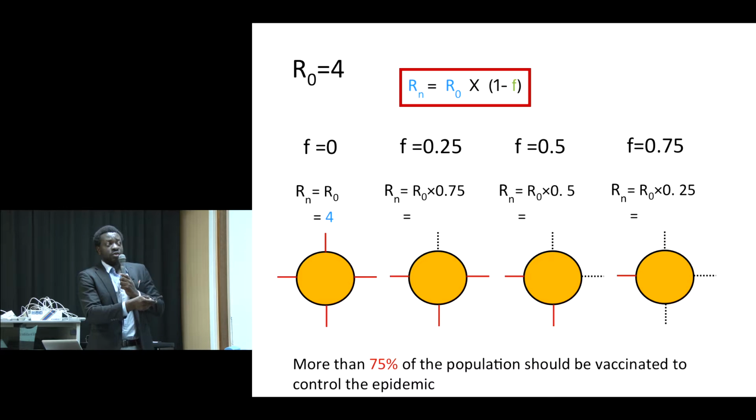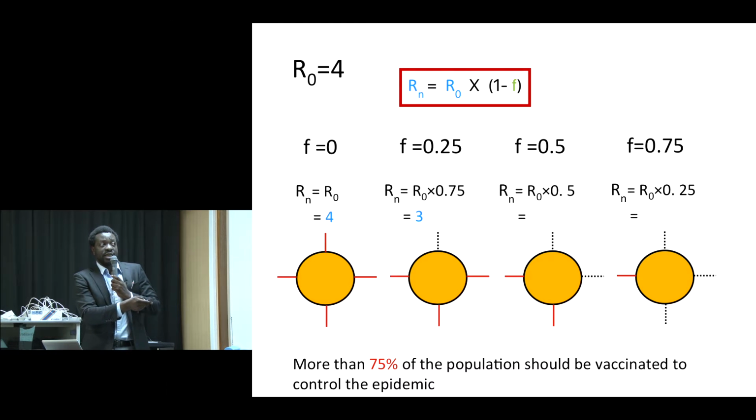If no one is immunized, so F is 0, this means that the effective reproduction number equals the basic reproduction number in that scenario, and 4 people would be infected in this case. But if 25% of the population here is immunized, what happens? Our effective reproduction number becomes 3.